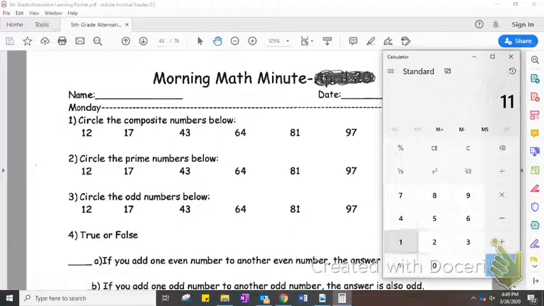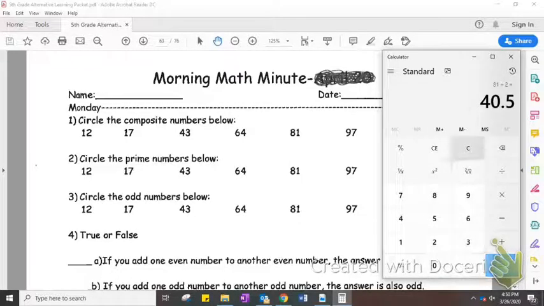12, nope. 12 is divisible by 2, so it's even. 17 is not divisible by 2, so it's odd. 43, it's not divisible by 2, so it's odd. 64 is divisible by 2, which makes it even. 81, not divisible by 2, that makes it odd.